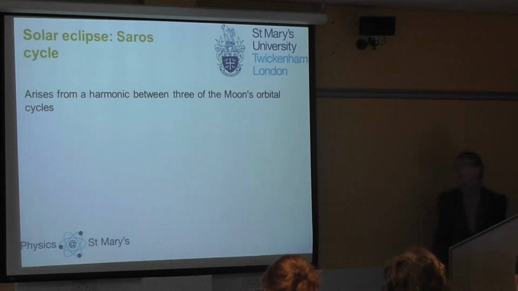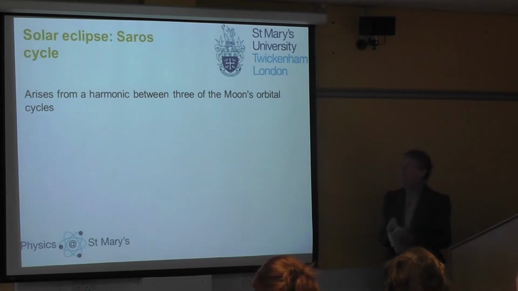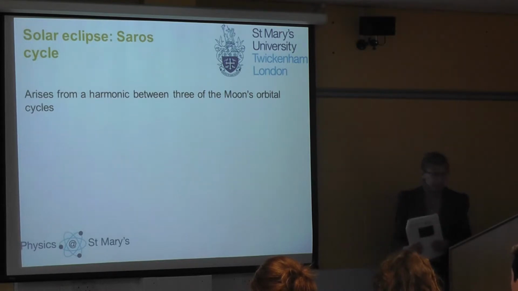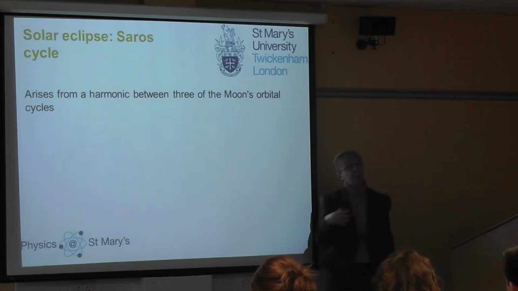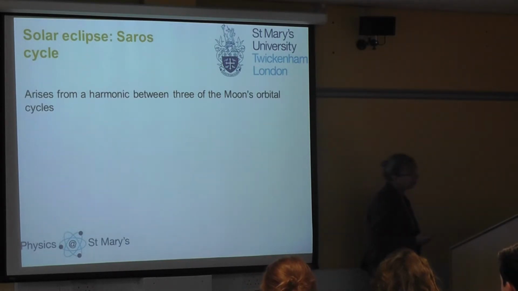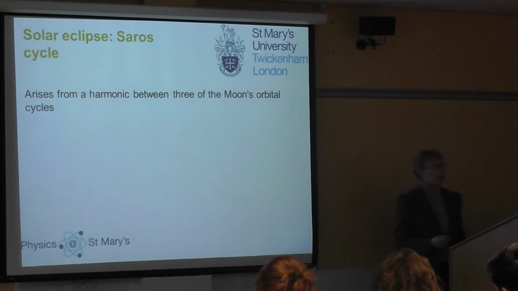Now the Saros cycle, which I said lasts for 5,000 years, arises from a sort of periodic pattern between three of the moon's orbital cycles.